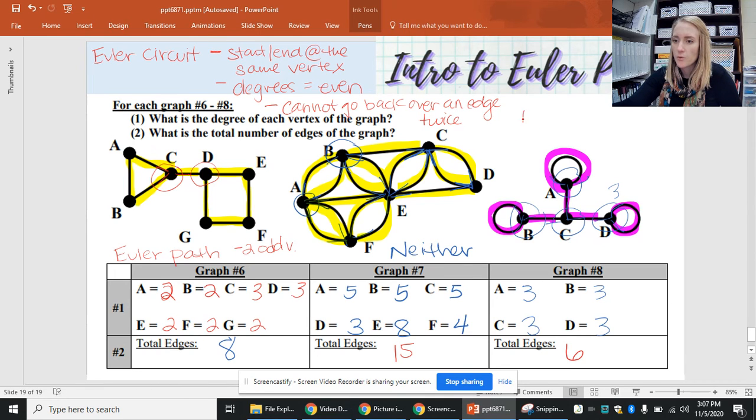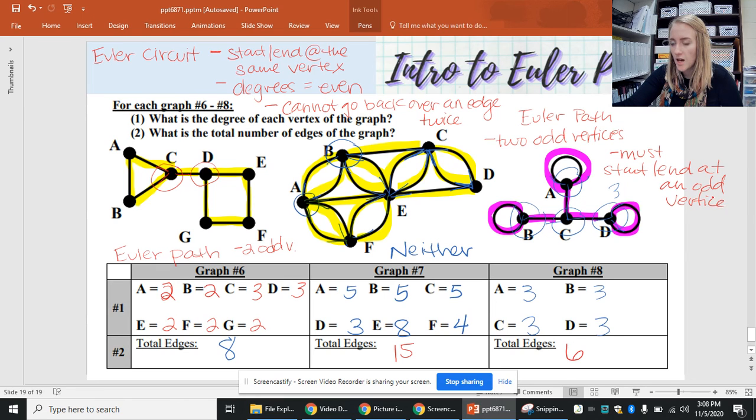It's a little bit different with an Euler path. You'll have 2 odd vertices, and you must start and end at an odd vertice.